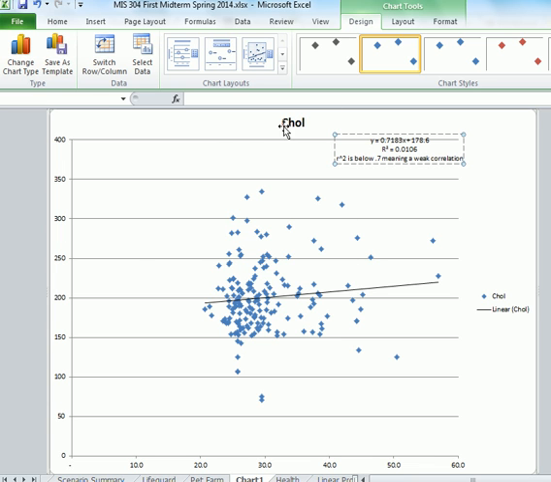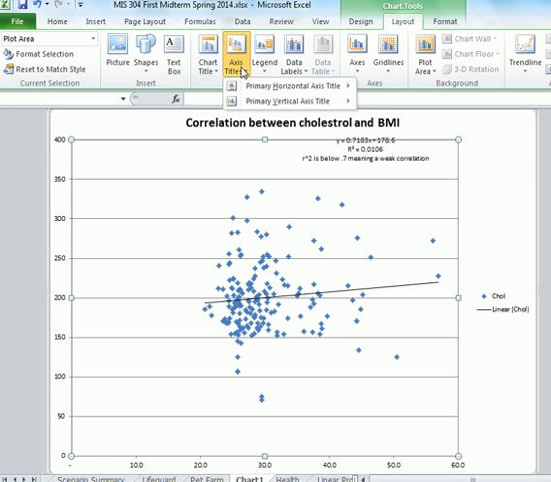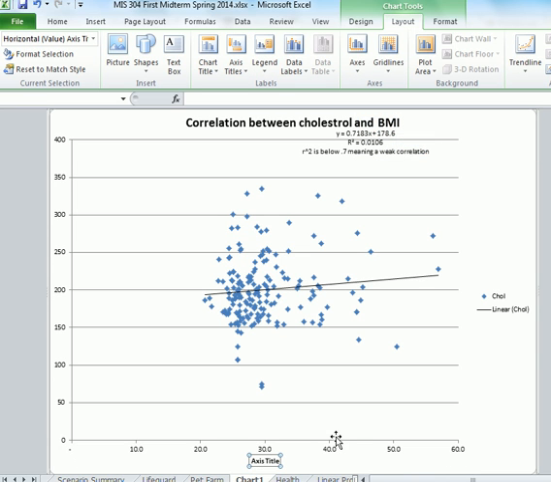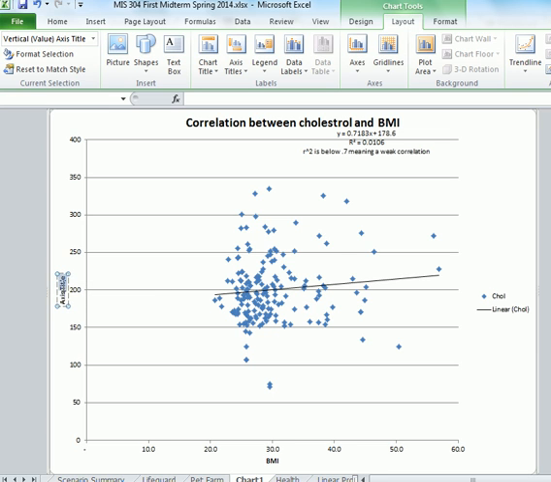And I need to change the title for the chart, and I need to add axis titles. And you need to spread it out.